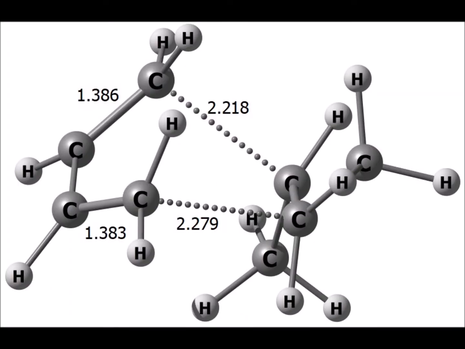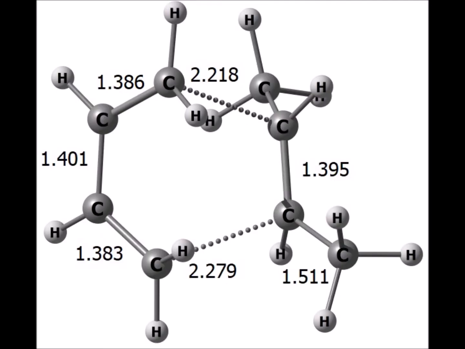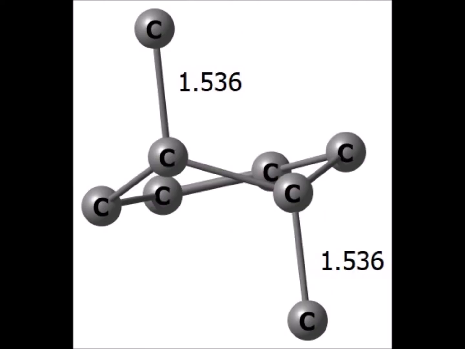Here is the computed transition state for the addition of 1,3-butadiene to the trans 2-butene. Here is the carbon skeleton of the product trans 4,5 dimethyl cyclohexene with the hydrogens omitted for clarity.